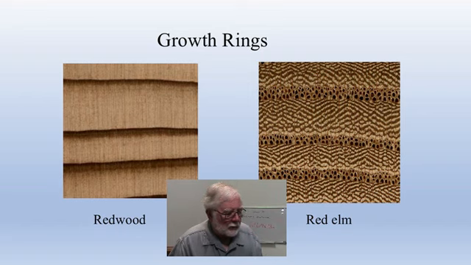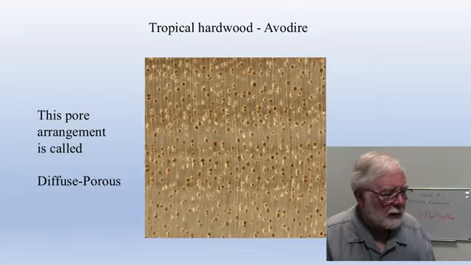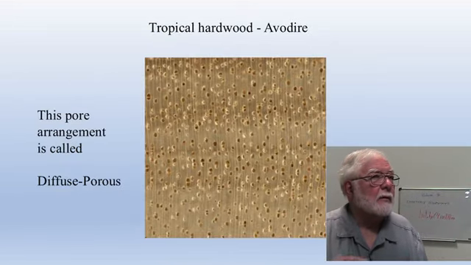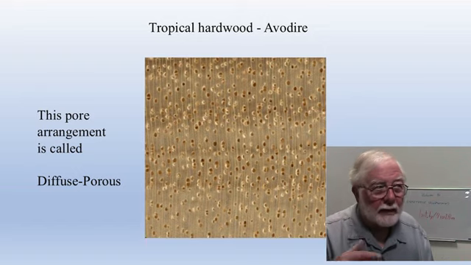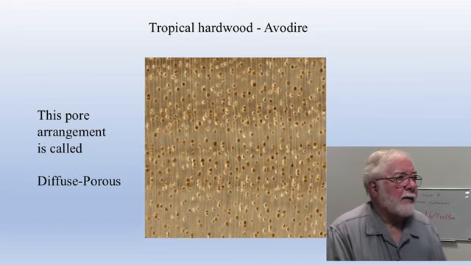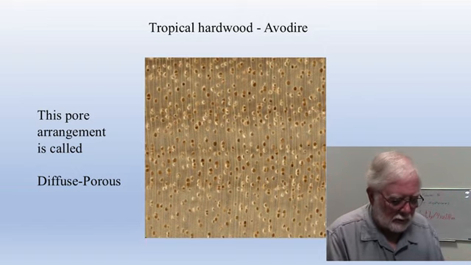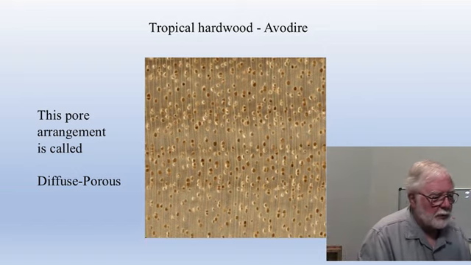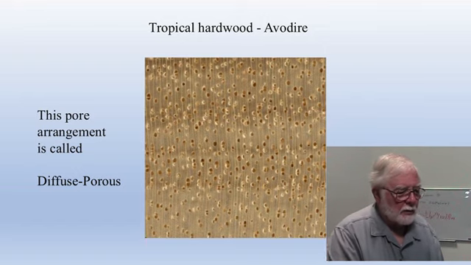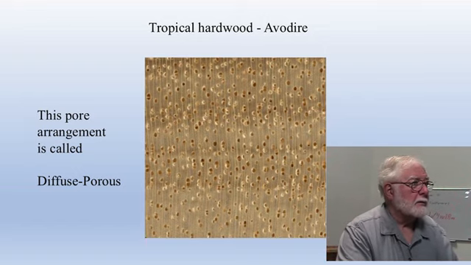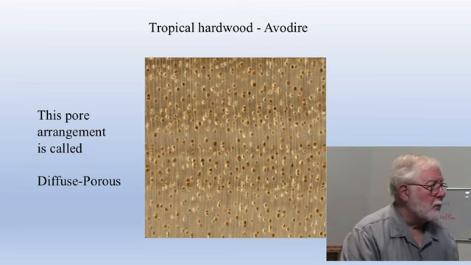And then here's the hardwood, red elm, same with early wood, late wood, annual ring. But like a tropical wood where they really don't have a growing season, it's growing all the time, they don't really have annual rings. So we have this type of cell structure, which is called diffuse porous. So what you see here could be several years instead of 1 year.